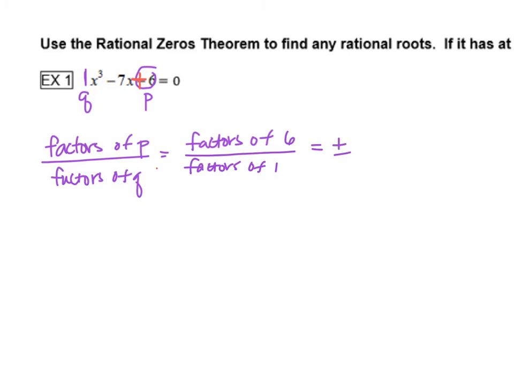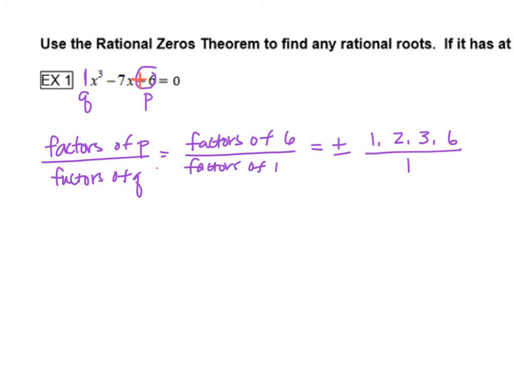So then let's list out the factors of 6. Well, your factors of 6 are 1, 2, 3, and 6. And you can see those factor pairs: 1 times 6 is 6, 2 times 3 is 6. And then the factors of your q, which is 1, is just 1.